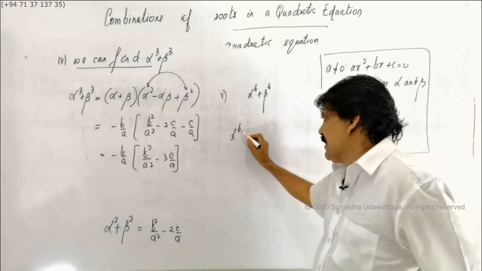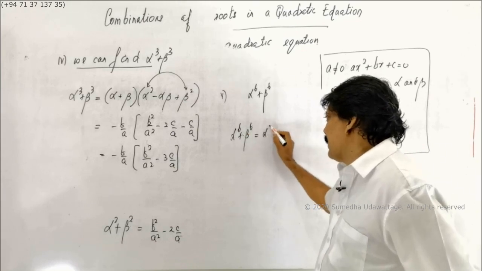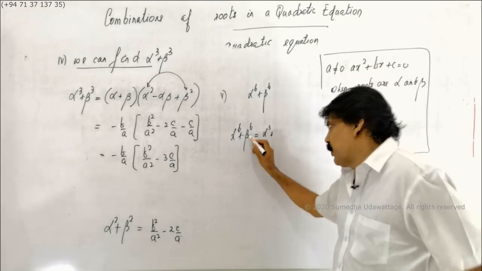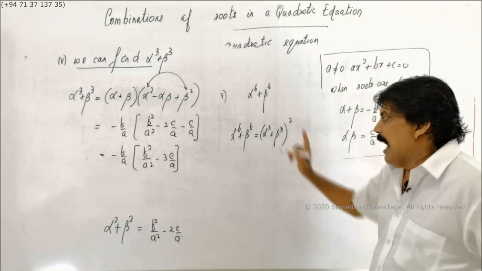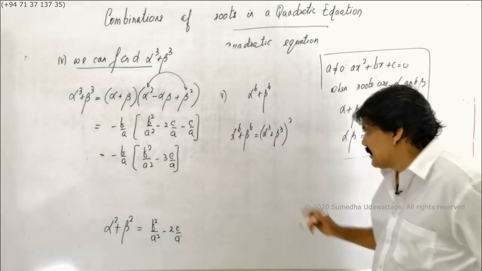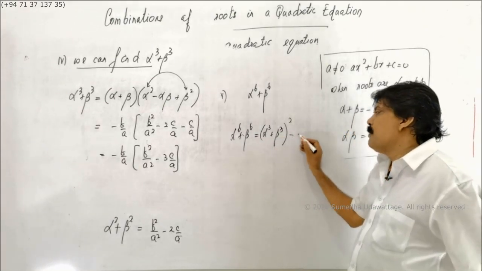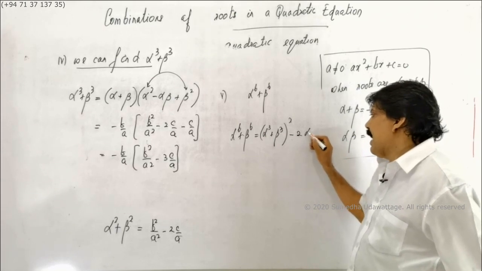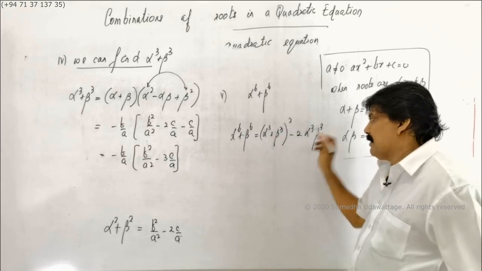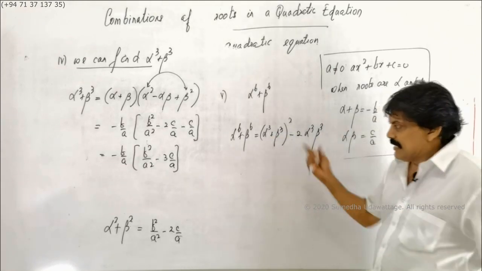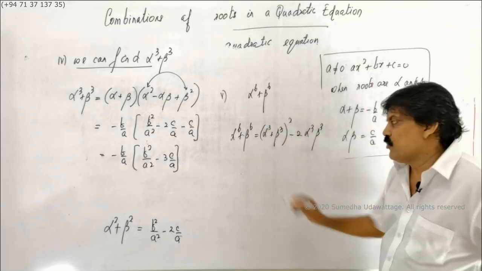That is, alpha 6 plus beta 6 would be: take the square of this alpha 3, and the square of this beta 3. Alpha 3 squared you get alpha 6, beta 3 squared you get beta 6, and the middle value 2 alpha 3 beta 3 is subtracted. Then simplifying, when this is squared you get alpha 6 plus beta 6, and the middle value is subtracted.